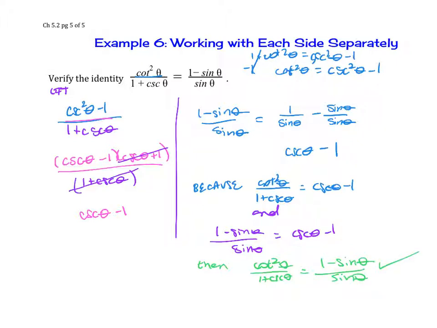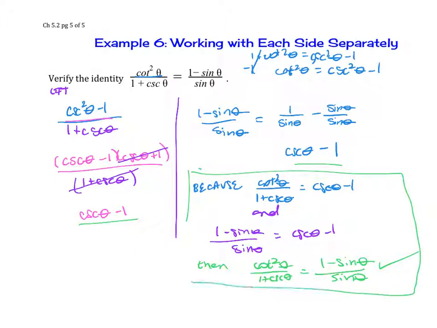If you decide to work with each side separately, then after verifying up to the halfway point, you must justify it with words as to why that works out.